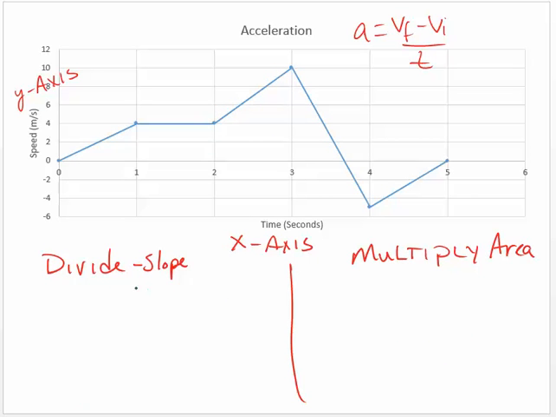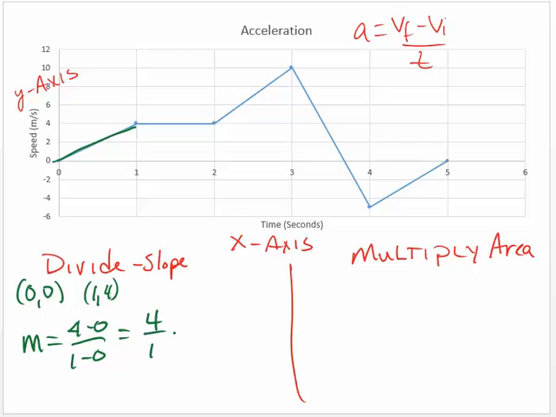Okay, let's look at some slopes by dividing. All right. Well, if I wanted to find the slope here between 0 and 1, I would simply write down my ordered pairs just like we did for distance or for speed. And I get the ordered pair 1, 4. And to find the slope, it would be 4 minus 0 over 1 minus 0. And I get a slope of 4 over 1.